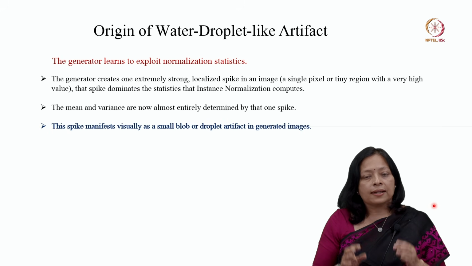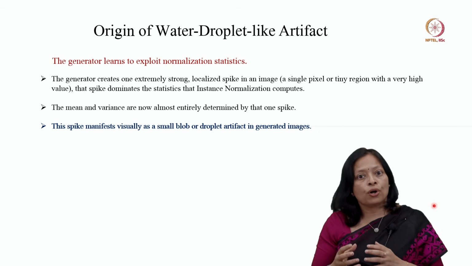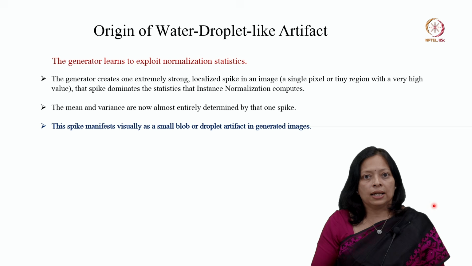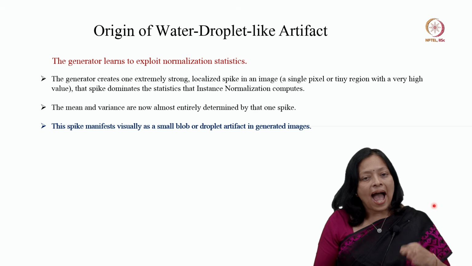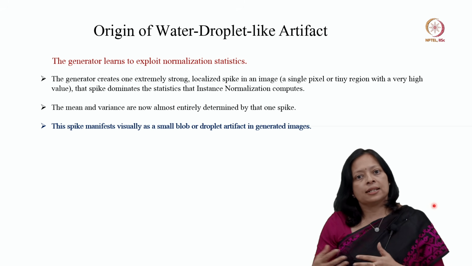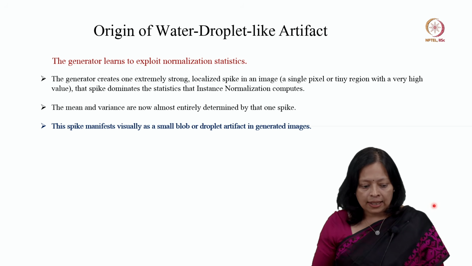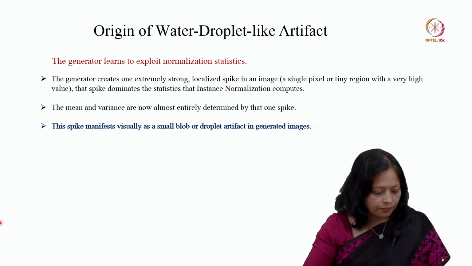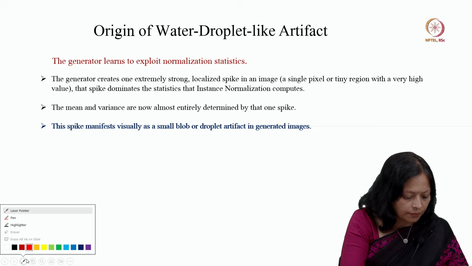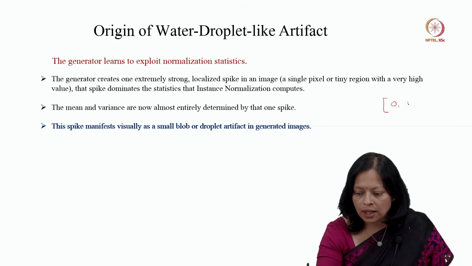What happens is the generator creates one extremely large or strong localized peak in an image, like a single pixel or a very tiny region that goes to a very high value, and that dominates the statistics of the entire instance normalization computation. Suppose I have a feature map with values like 0, 1, 2, 7, something like this.